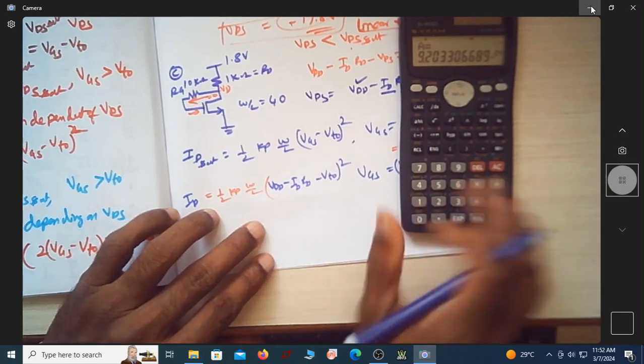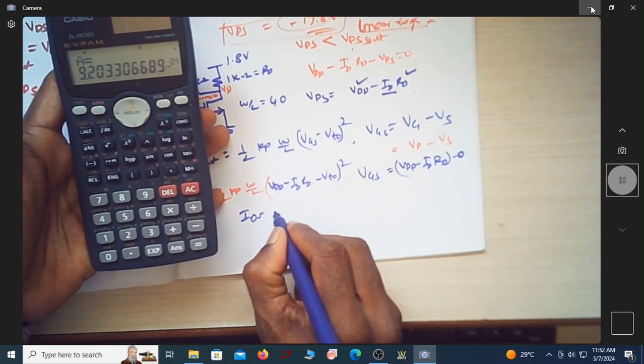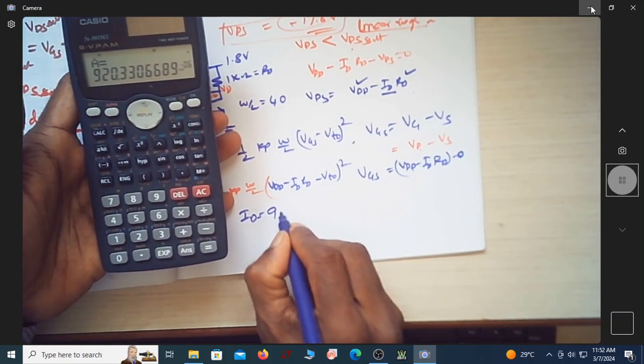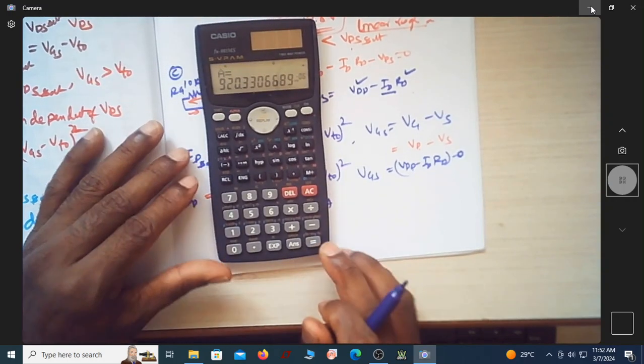I will get the value of one of the values of ID, which is 920.3 microampere.